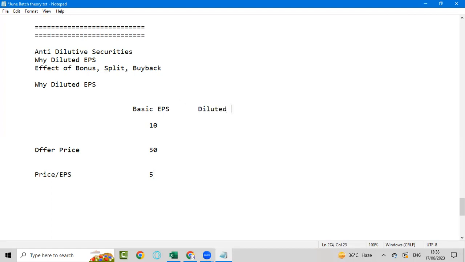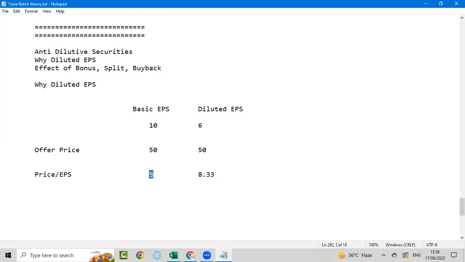Now, when I decided to purchase your company to acquire 100% of your equity, what happened? There were many people in the company who had diluted securities. They tendered them. Earning per share, which was 10 earlier, has now come down to 6. How much am I offering for every share? 50. So with this, how much will I have to pay for 1 rupee of earning? 8.33.